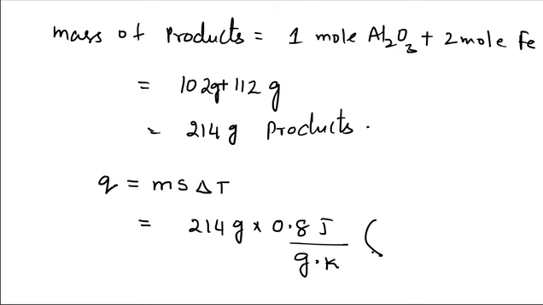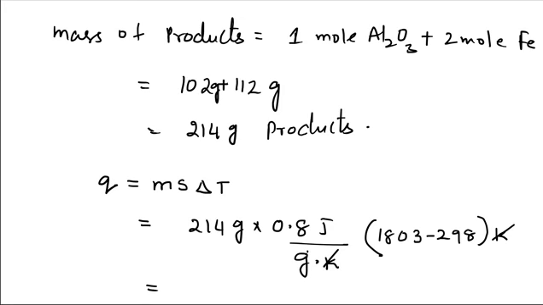Right now we have 25 degrees centigrade, and the melting point of iron is 1530. Let's add 273 to the temperatures so that we get them into Kelvin. So 1530 plus 273 is 1803, minus 298, in Kelvin.